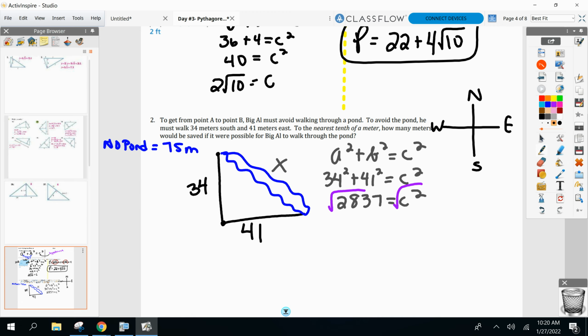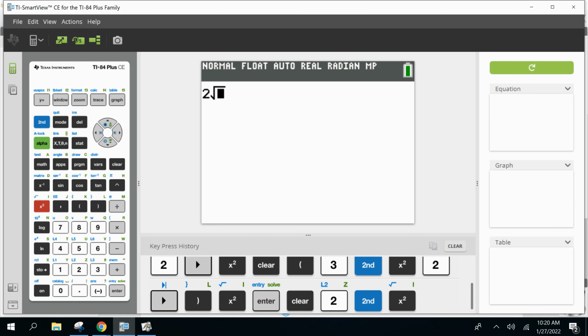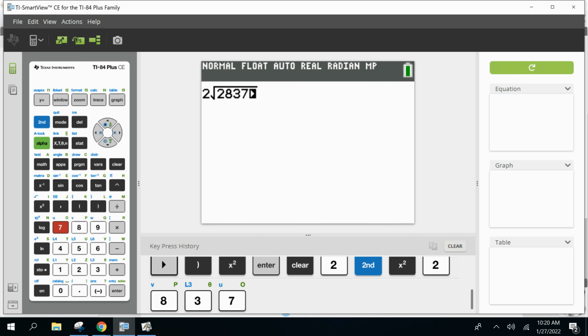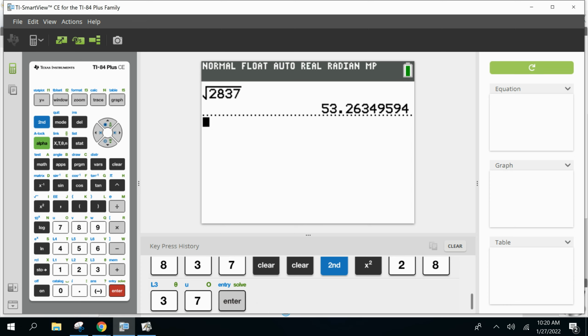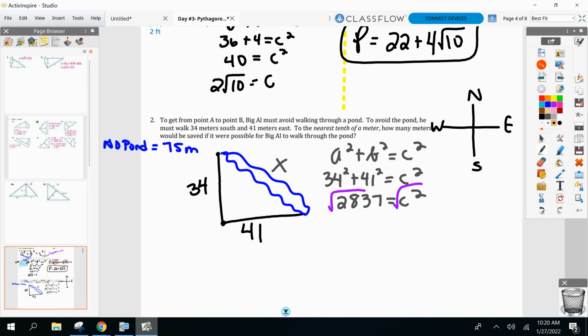And I'm asking you this for a purpose. When you take the square root of 2,837, and it is not your final answer, you're not rounding that. We don't round anything in here until the very end of the problem, and since that's not my final answer, I'm not rounding it. I'm writing it all out. So here's what we're writing.